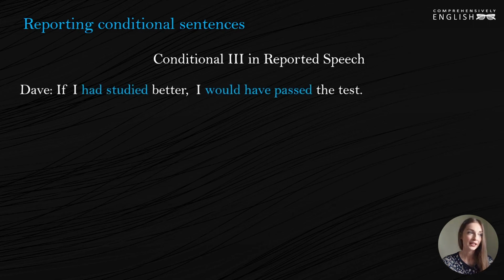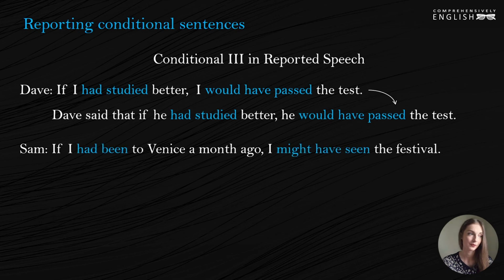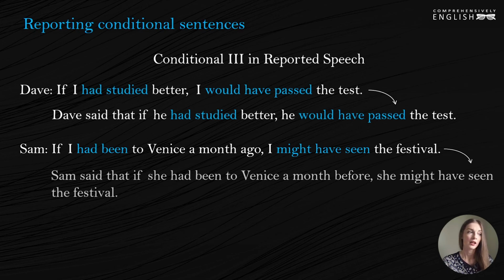Dave, if I had studied better, I would have passed the test. Dave said that if he had studied better, he would have passed the test. Sam, if I had been to Venice a month ago, I might have seen the festival. Sam said that if she had been to Venice a month before, she might have seen the festival.